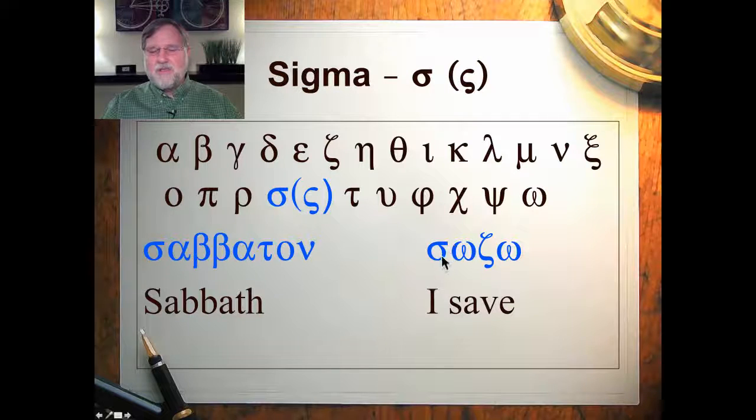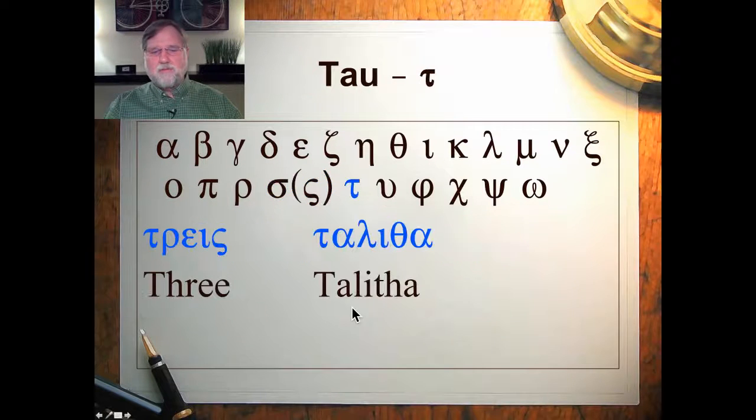But notice it's got the sigma, the omega, this zeta, and then another omega. So sozo. And in that case, there is a DZ sound here. Sozo. I save. So it's a sigma. You can see it two different ways. In the middle of the word, the end of the word, it's sabbaton or sozo. Those words will both be on the vocabulary test.